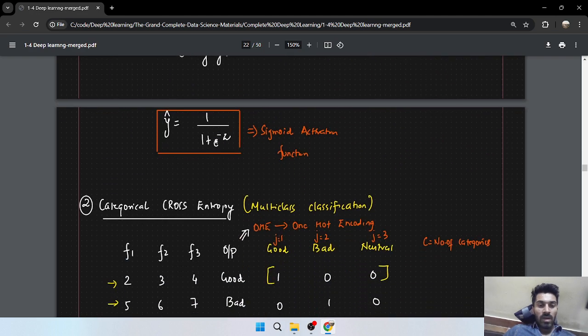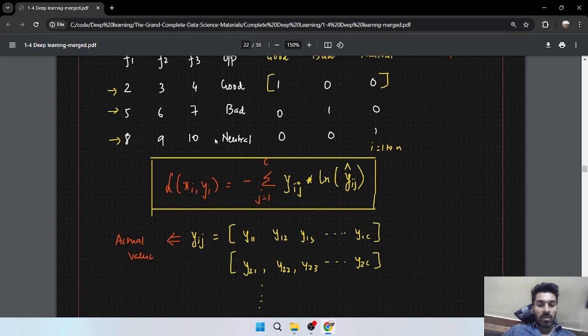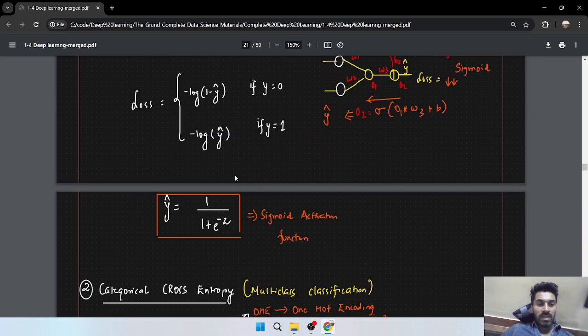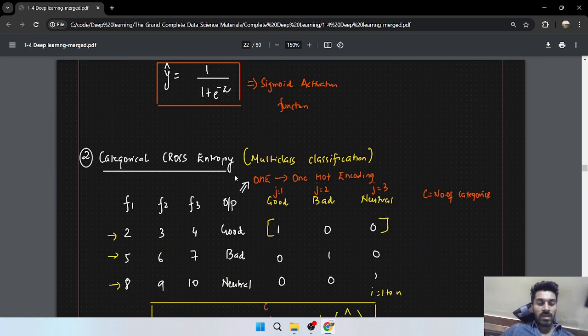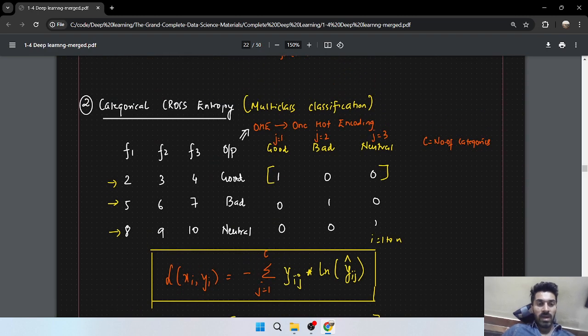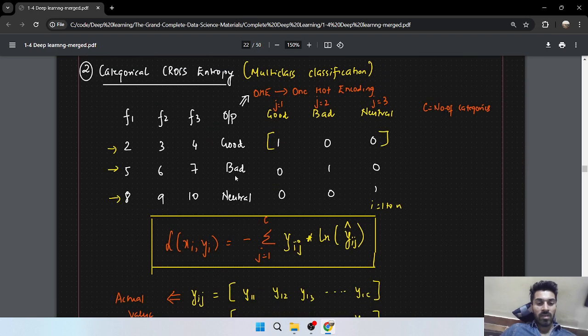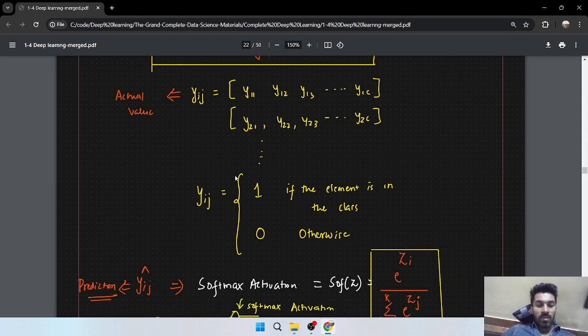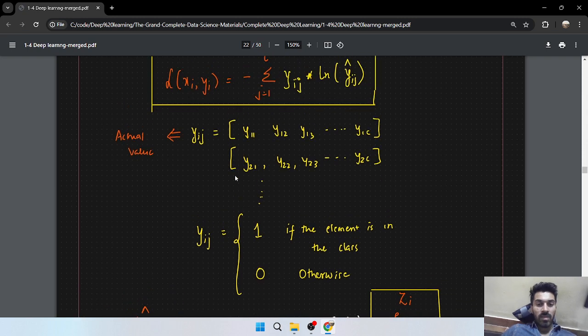Now let's learn categorical cross entropy. The categorical cross entropy formula looks like minus summation of y_ij times ln of y hat_ij. It is the same as binary cross entropy, but here, for multi-class classification, we are taking the summation over all these classes. y equals 1 if the element is in the class, 0 otherwise.